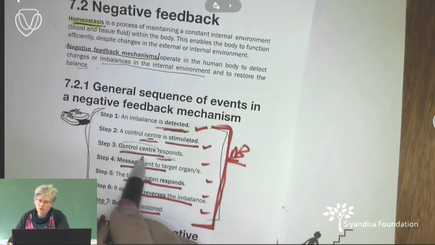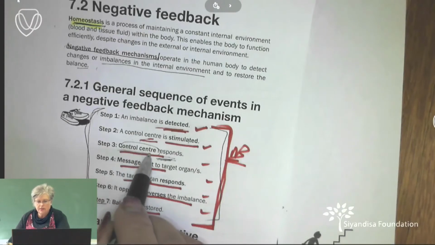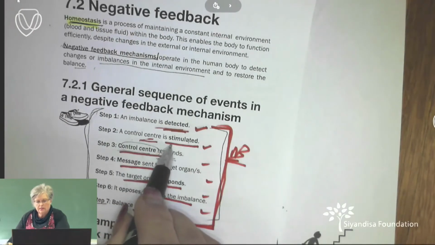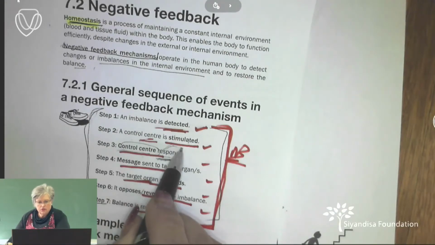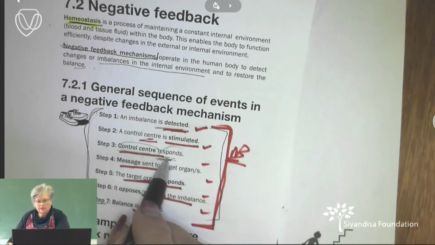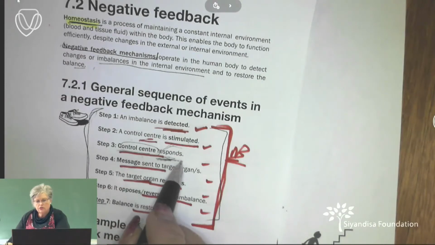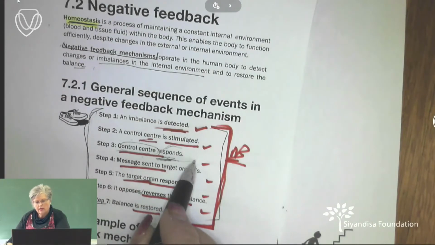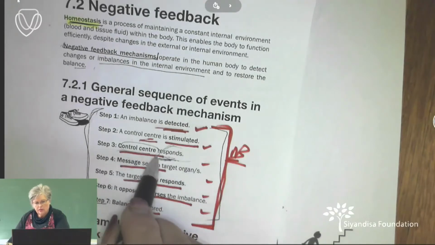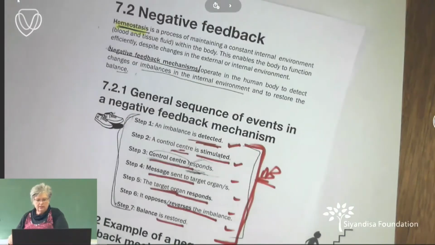So if it's glucose, your control center is the pancreas. It will either release glucagon, which will make more glucose, or release insulin, which will make less glucose. So very important in that one.